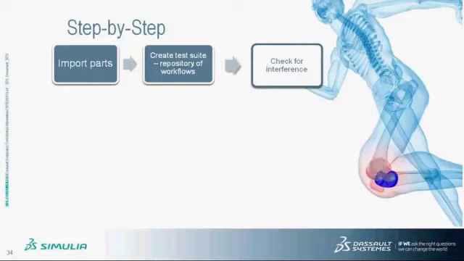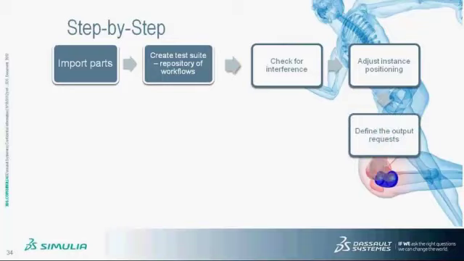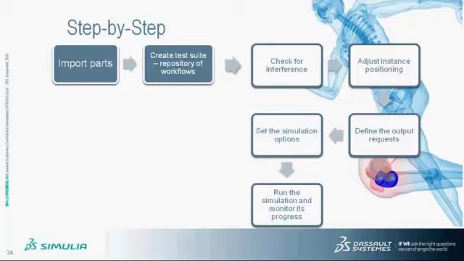Abaqus Explicit may run into issues if there is initial interference between the components. So we provide that tool to check for interference and highlight any surfaces that are having interference. Then the user is given the tools to adjust implant positioning if necessary. Then the user goes through the workflow definition that includes defining output requests, setting the simulation options, running the simulation and monitoring its progress, then visualizing the results.